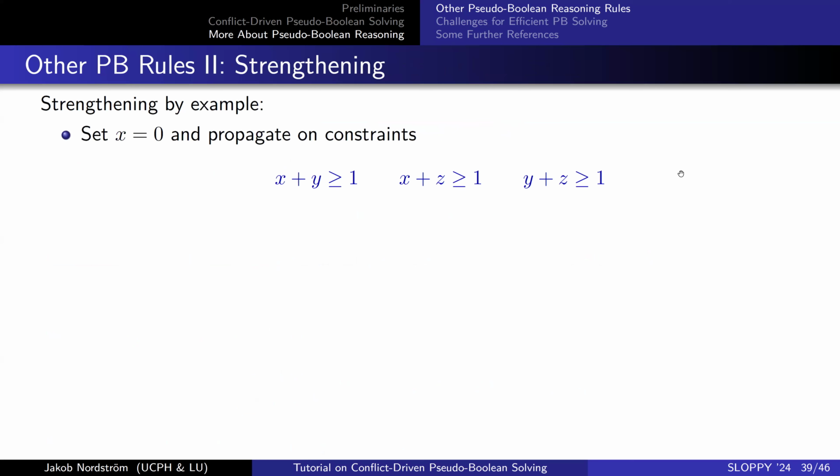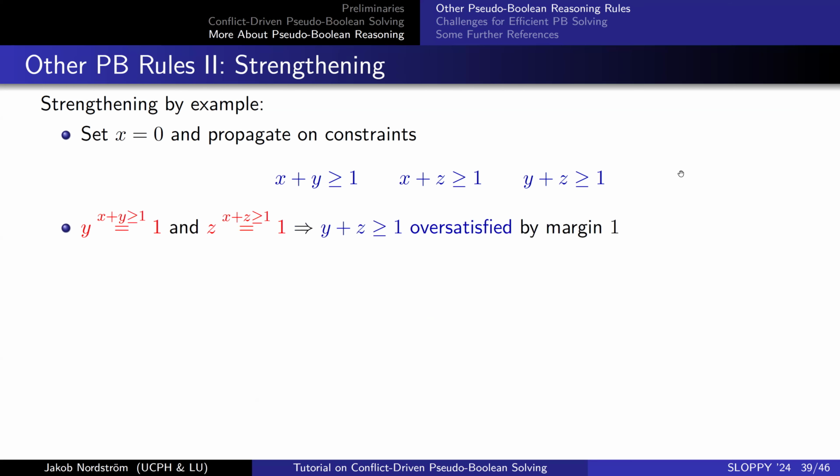Another interesting rule that has appeared, I think, in the operations research community that we haven't used is, suppose I have these 3 constraints, x plus y greater equal 1, x plus z greater equal 1, y plus z greater equal 1. And I set x to 0 and propagate. Well, you look at these, you realize that actually these clauses say that at least 2 out of these 3 guys are true, right?